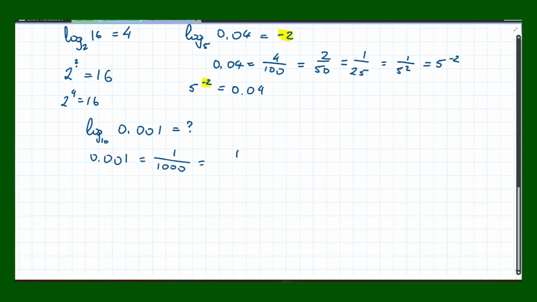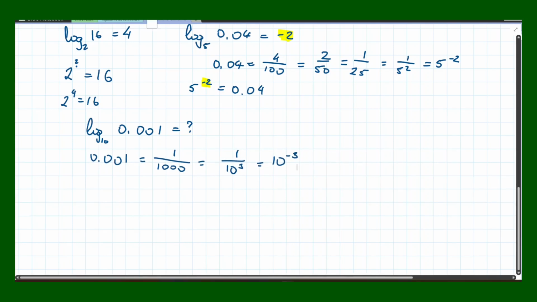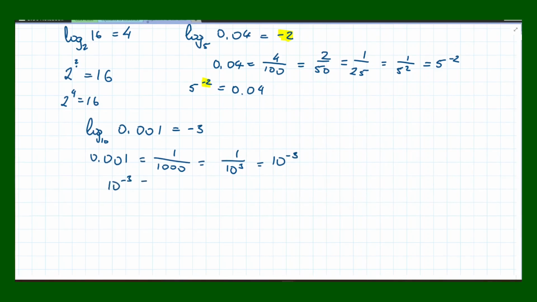I know that 1000 is 10 cubed, and again, because of how negative exponents work, I remember that 1 over 10 to the 3 is the same as 10 to the negative 3. So the question mark can be replaced by negative 3 because 10 to the negative 3 is equal to 0.001 or 1000th.